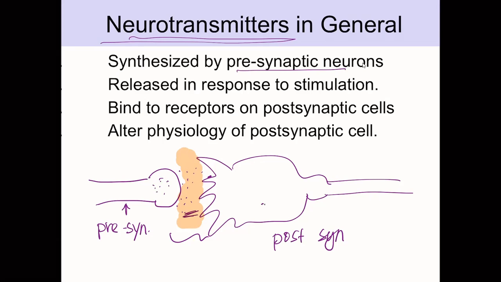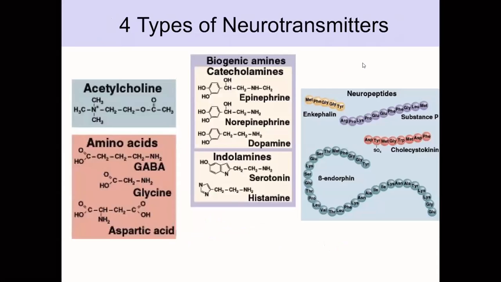That's pretty straightforward. Okay, now there are four types of neurotransmitters: acetylcholine, amino acids, biogenic amines, and neuropeptides.